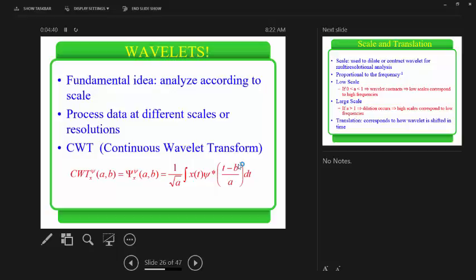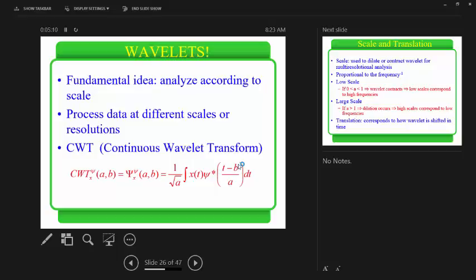I'm dealing with the same signal, but now it is compressed with respect to time. So this amount of change, instead of happening during a period T1, will happen during a period T2, where T2 is less than T1. So the frequency has increased. If A decreases, frequency increases.